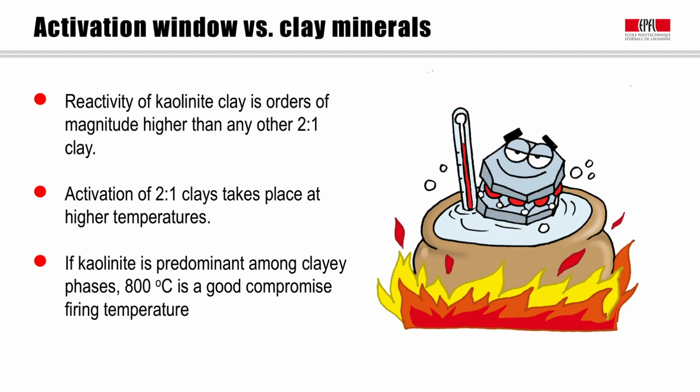So the reactivity of kaolinitic clays, as we've stressed throughout this series of lectures, is very, very much higher than any other 2-to-1 clay. The activation of those 2-to-1 clays takes place at higher temperature. So if you have predominantly kaolinite, then 800 is a perfectly adequate temperature for calcination.